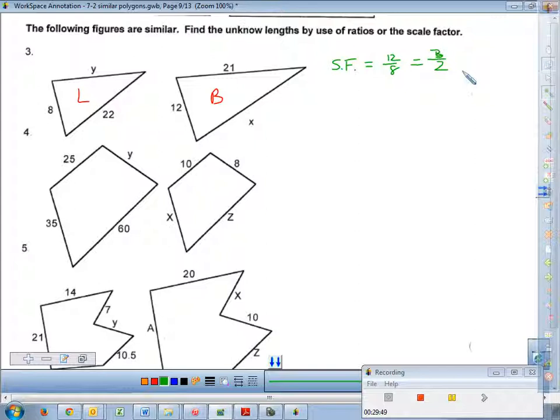Now find x. If we can find x and y successfully in this first problem, we'll stop. Find x for me. Yeah, 10 for this. X corresponds with 22, right? Should it be 22 over x or x over 22?